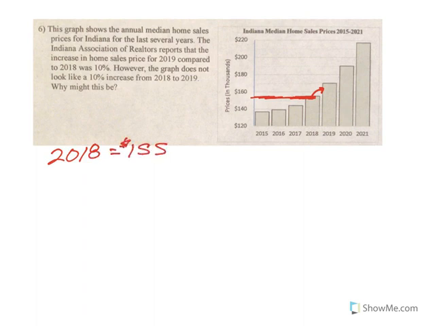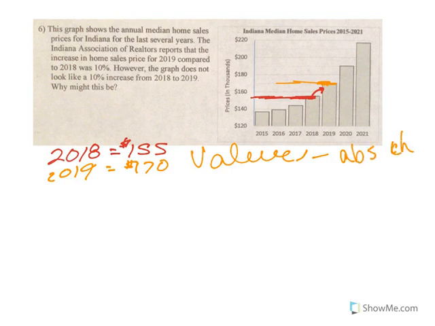So let's just call it 155. 2019 looks to be roughly 170,000. Okay, so the graph is giving us values, which we know we can find absolute change from values, but that's not what they're saying. They're saying a 10% increase, which talks about relative change.